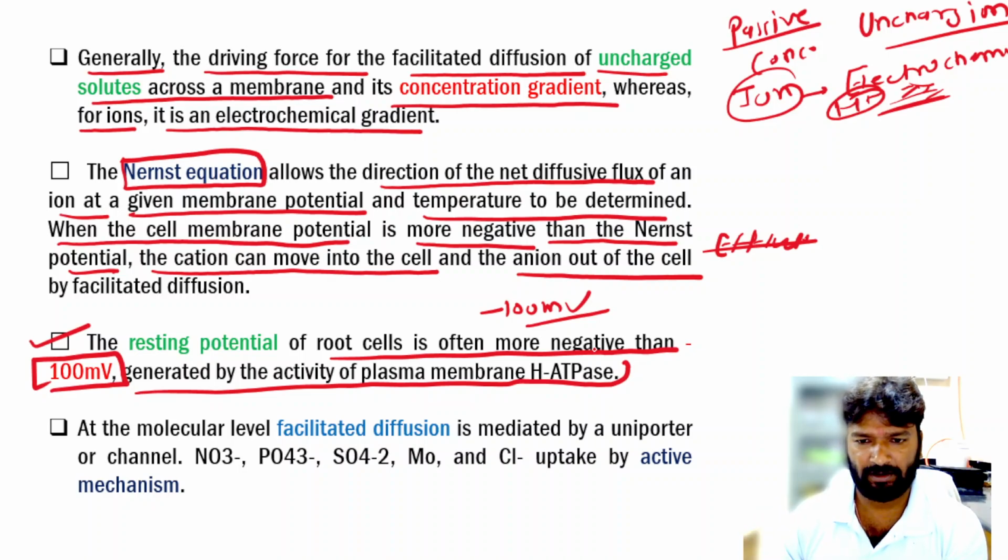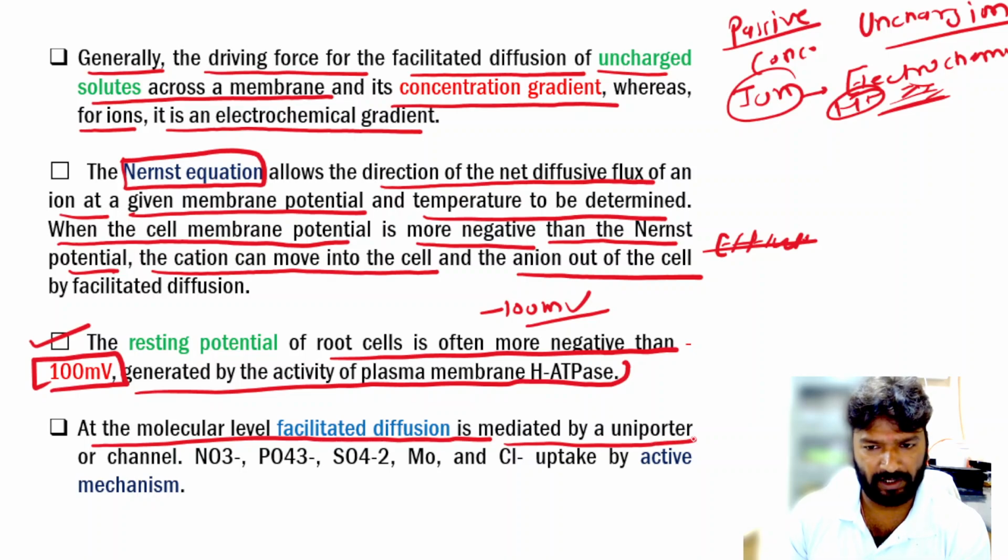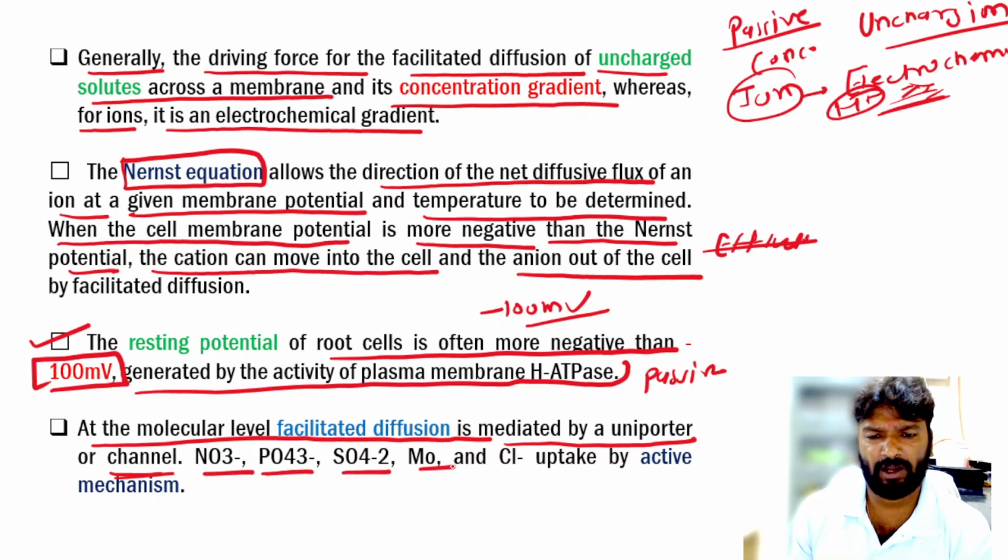Okay. So at the molecular level, this facilitated diffusion is also mediated by the uniporters, or these are the passive transporters, okay, or the channels, and nitrate, phosphate, sulfate, molybdenum, chlorine are mostly taken up by the active mechanism. Okay.